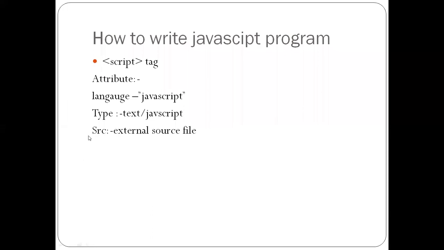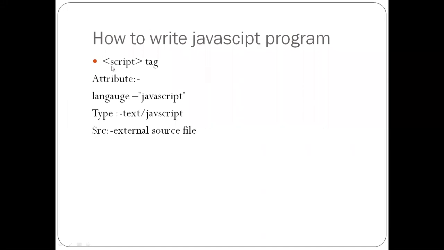Language means the language value is JavaScript, so you write language equal to JavaScript. Next, type. The type denotes to your web browser that it is text JavaScript code, that is text/javascript. src means, for example, if you want to insert some external source file, you can use the src.